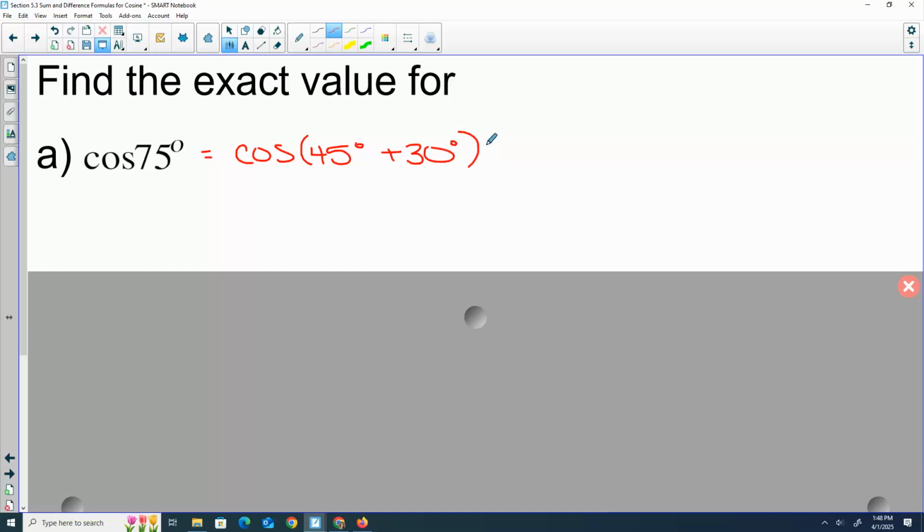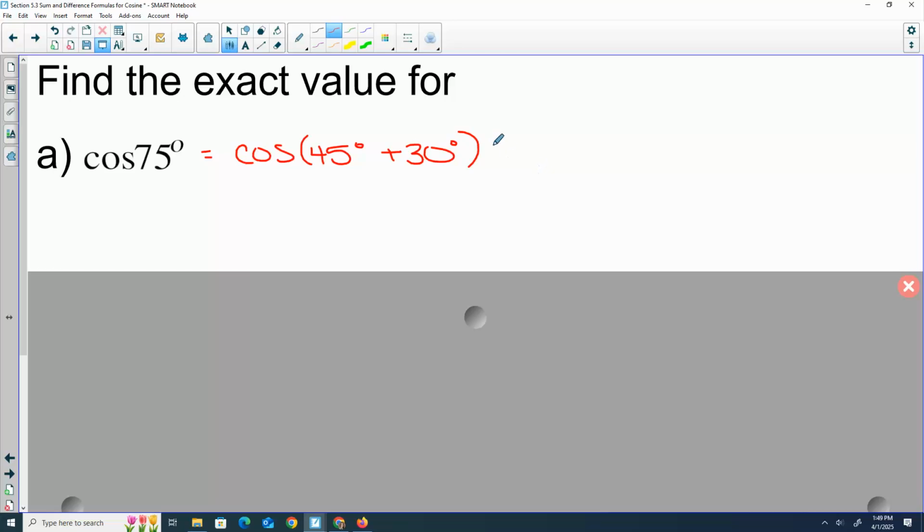I'm trying to pick angles that I have on my unit circle. Probably not the only option. You could also subtract angles to get it. But we're just trying to come up with one option, either two things we can add or subtract to get this.